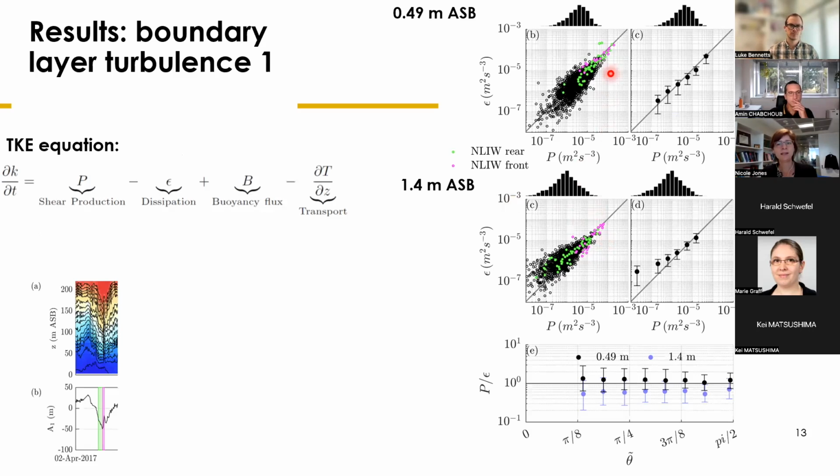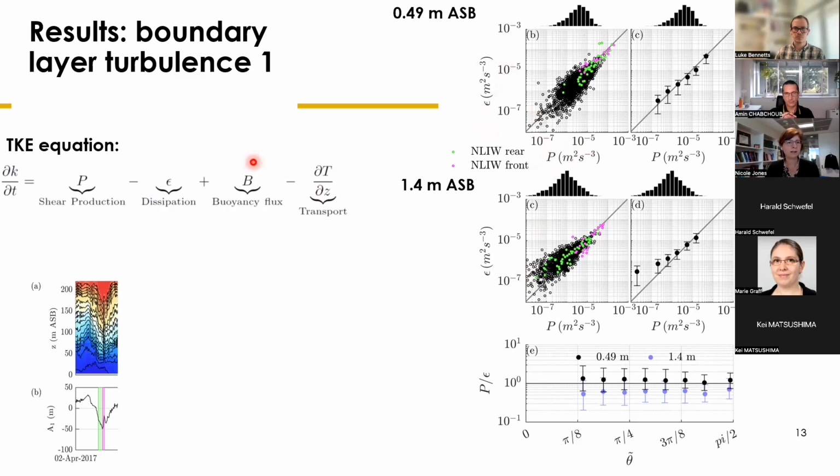But what we can see here is a comparison of instruments that were placed about 0.5 metre above the bed, and below that at 1.4 metres above the bed. We're just comparing here the shear production of turbulence to the dissipation of turbulent kinetic energy.